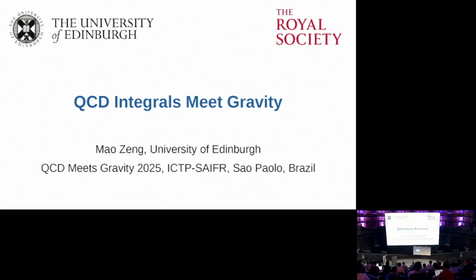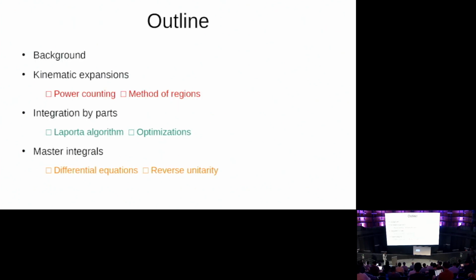I'll tell you about QCD integrals meet gravity. More specifically, I'll focus on the fairly new field of post-Minkowskian corrections using quantum field theory. I'll start with some background, then I'll cover several aspects of Feynman integrals as relevant for the gravitational wave problem.